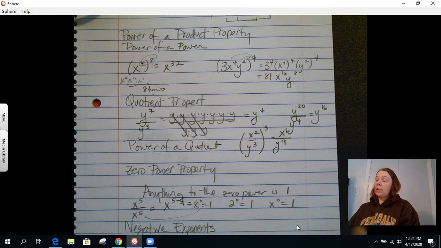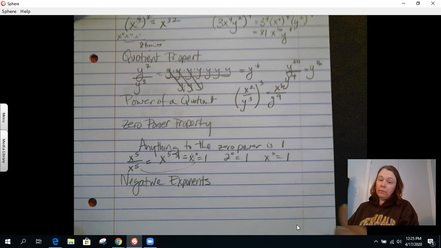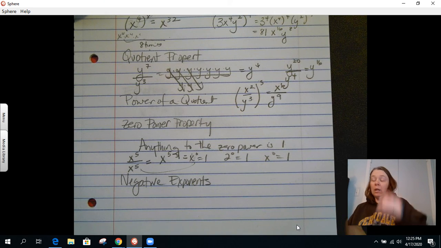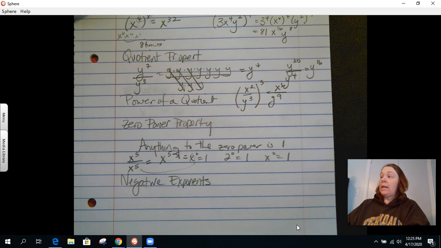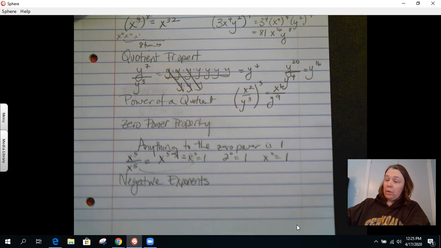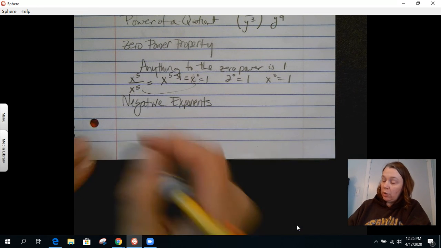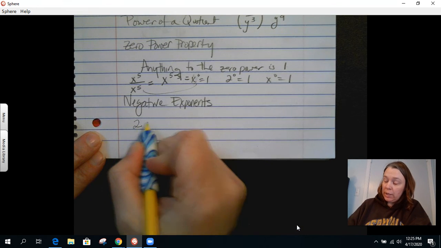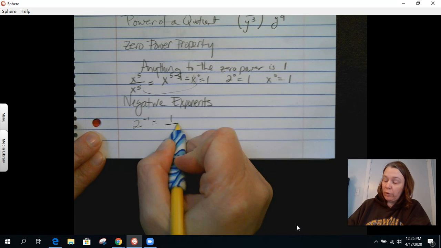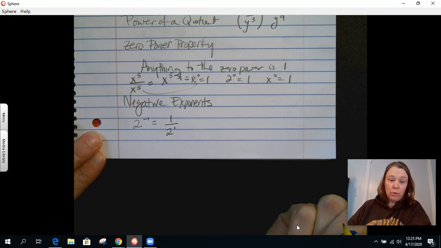All right, and then we will sometimes have negative exponents. With negative exponents, remember the idea is it basically becomes a reciprocal. So if I had 2 to the negative first, that becomes 1 over 2 to the positive first, or 2 to the first.